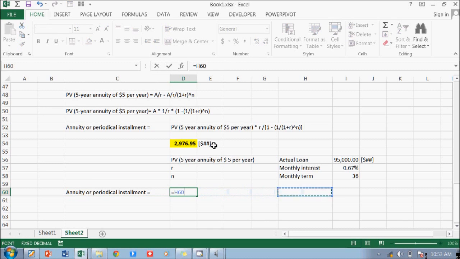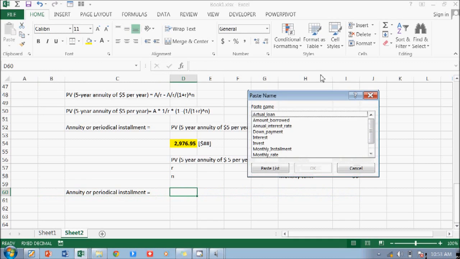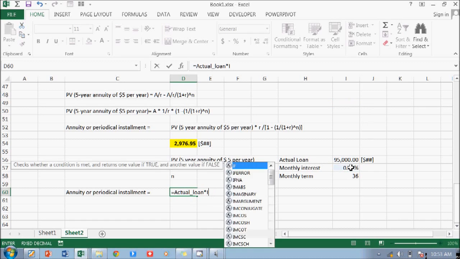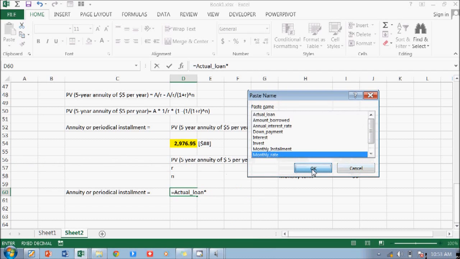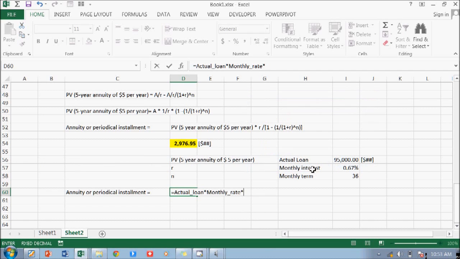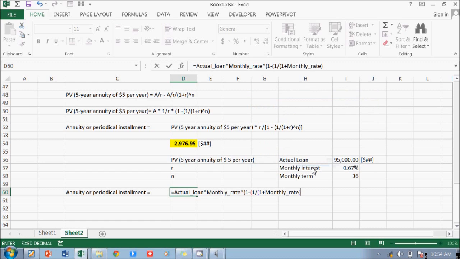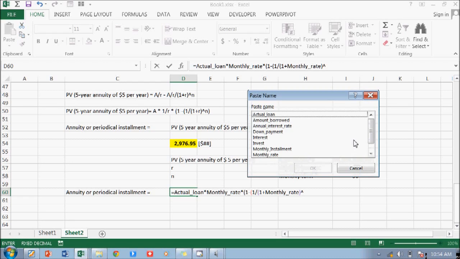This should be your 5,000, I just put F3, the actual loan, times R, the monthly rate, and then times 1 minus 1 divided by 1 plus the monthly rate, and then the power is 36, the monthly term.